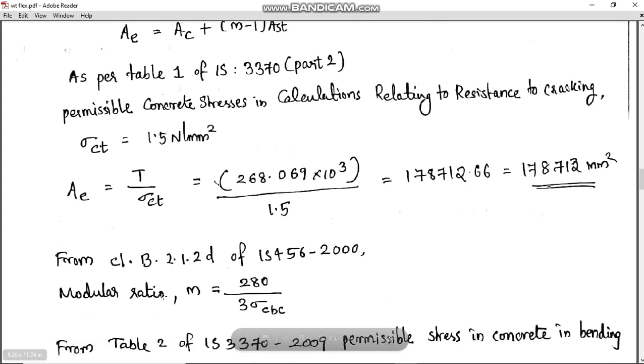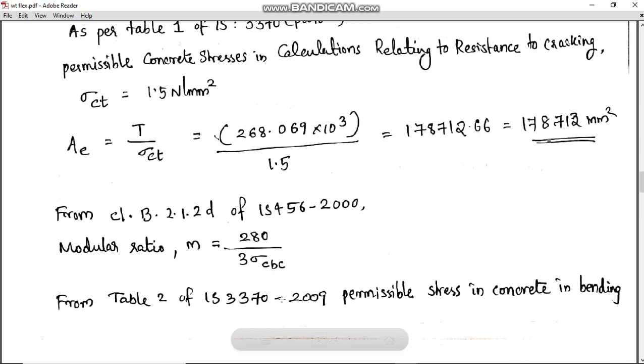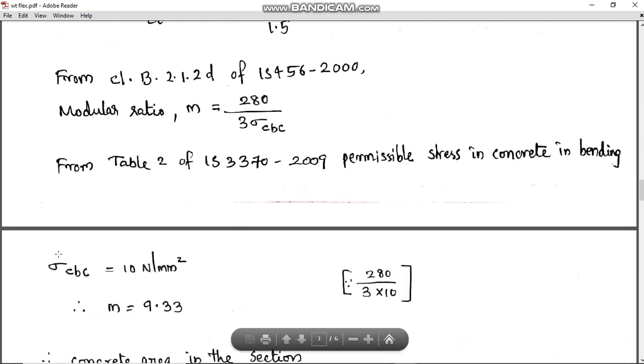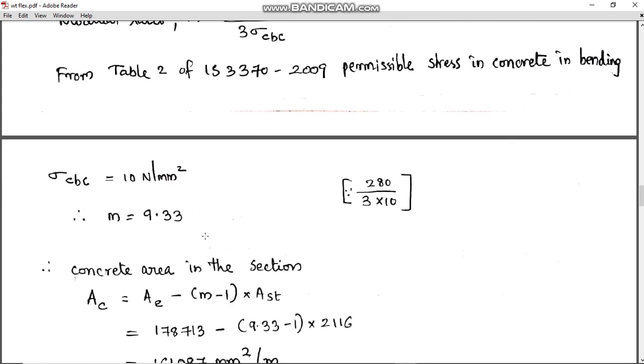So we have the modular ratio from IS 456 code, from this clause, as 280 by 3 sigma CBC. So after substituting the value for sigma CBC from IS code, that is permissible stress in concrete in bending, we will get modular ratio as 9.3.